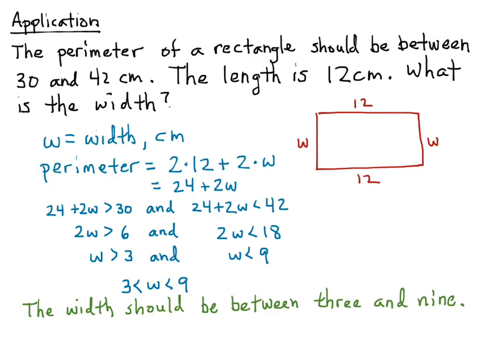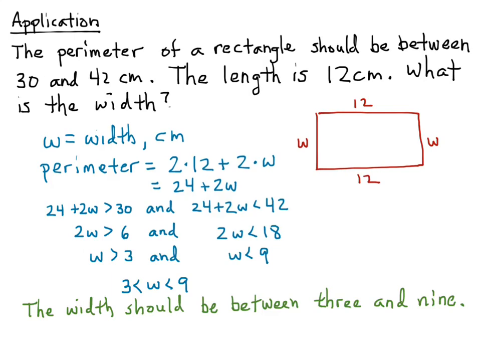Cool. Okay, so this one has all the 5 steps, right? I made my diagram, gathered my information, I defined my variables, I set up my equations, I solved the equations, and then number 5 is I answered the question. So it doesn't matter that I chose W as the width. I'm not going to answer this question as W is between 3 and 9.